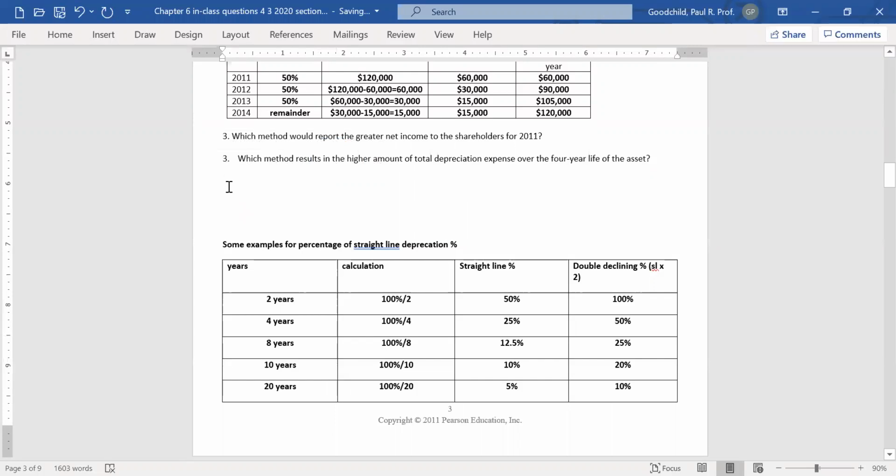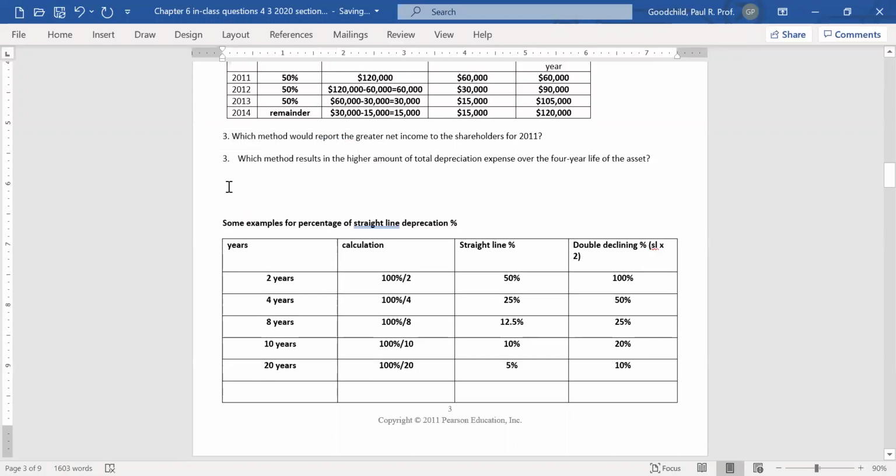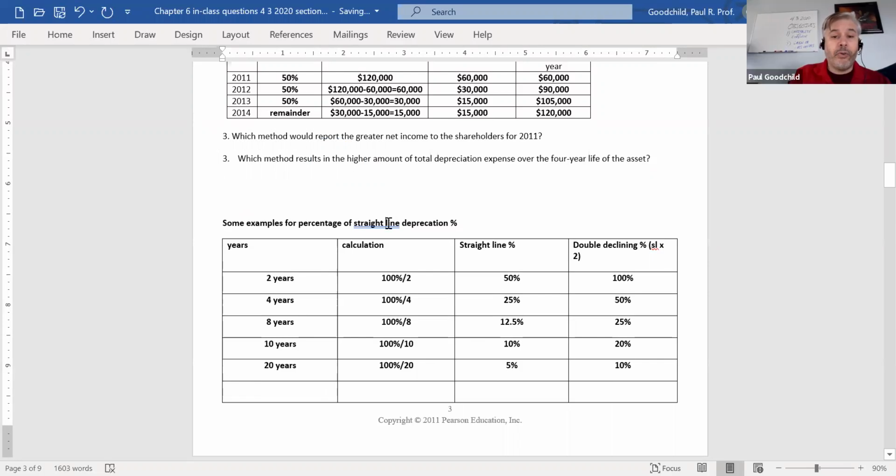Yeah, but now my question is, why does double declining depreciation exist at all? Like, what is it used for? So in an ideal world, you would try to match up your depreciation expense with the usage of the asset.